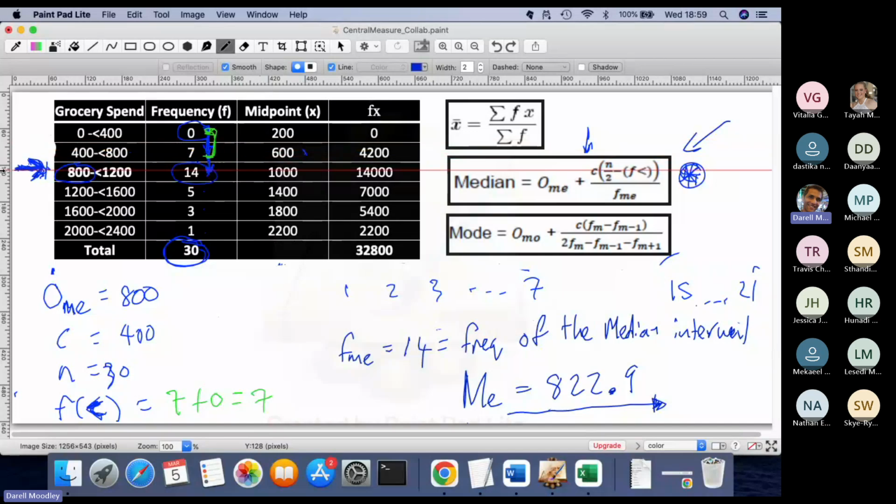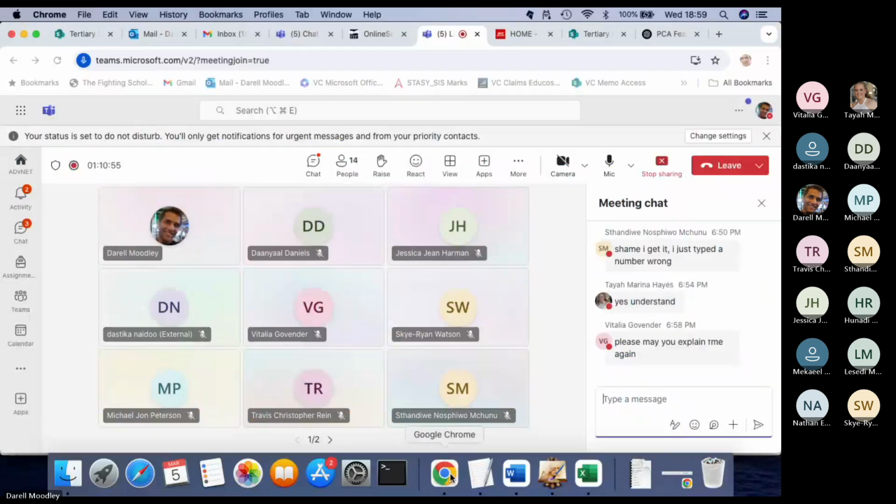So this is our median interval, remember? This is what we had to identify first. That's why it's very important that you know which interval the middle number falls in. That's the median interval. And what's the frequency of that interval? It's just what is under the F column, the frequency, and that's 14. That's how you get the 14. Does it make sense? Natalia?